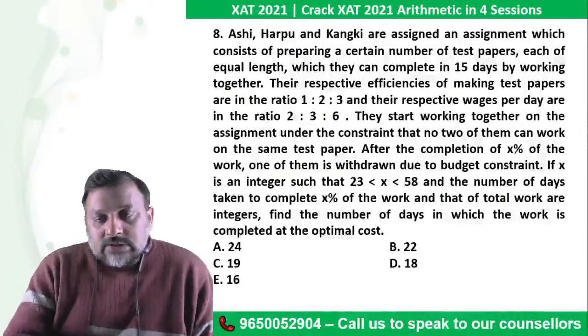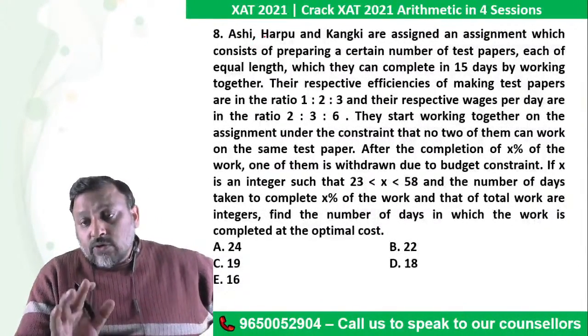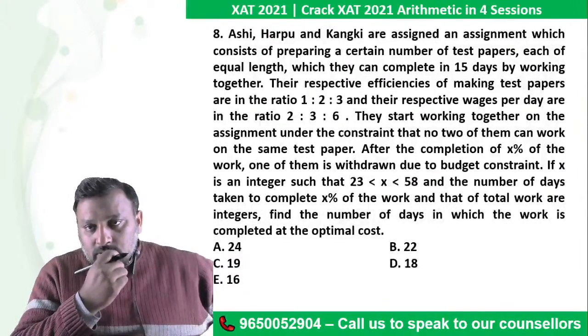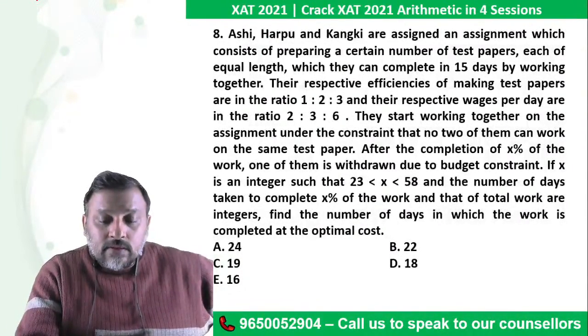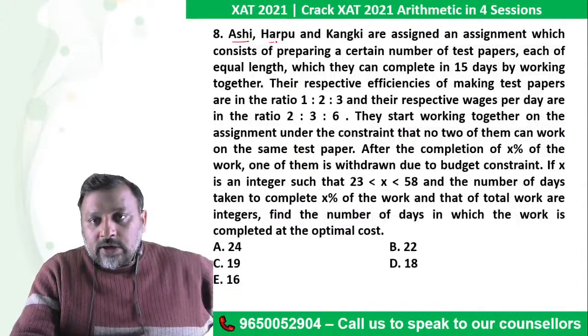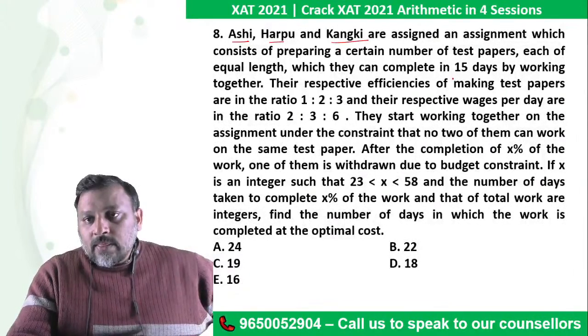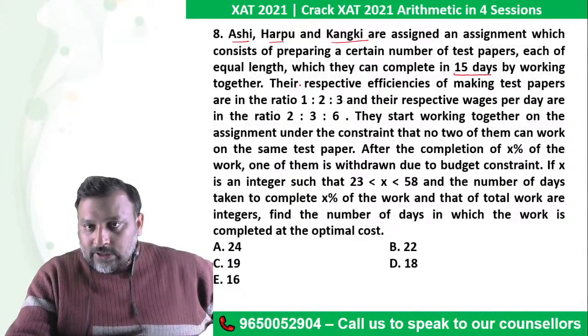Okay. See, I hope the question is clear to everyone. Though I'll explain the question in brief. See, there are three persons: Ashi, Harpu, and Kanki, and it is given they have to complete a task in 15 days by working together.